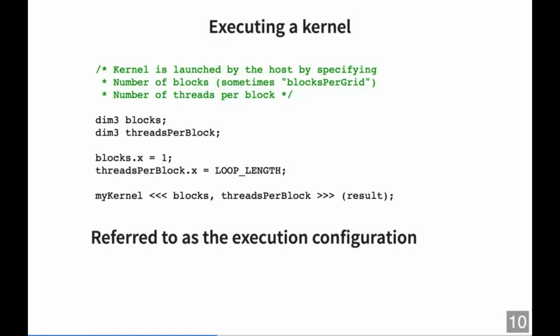It's going to be launched in such a way that it has one block of that number of threads per block. Those are the arguments inside that triple angle bracket notation, and this is referred to as the execution configuration. My kernel argument, which is this array result, goes in as the arguments at the end in the normal way.